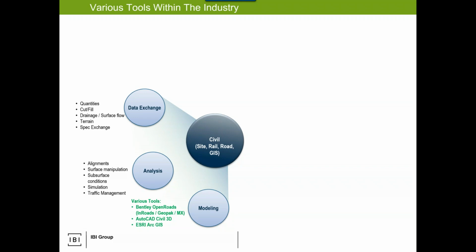A bit of a challenge here, though. Unlike building, where the IFC file is a fundamental lowest common denominator taxonomy, there really isn't a similar thing for civil. What I mean is, if I'm in Autodesk AutoCAD Civil 3D and I want to take the intelligence plus the geometry and place it into Bentley's OpenRoads, it doesn't work well.